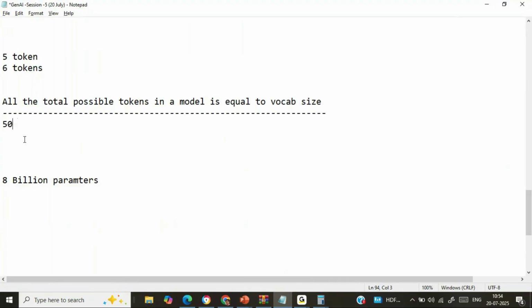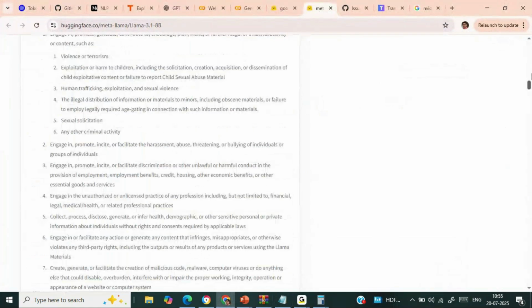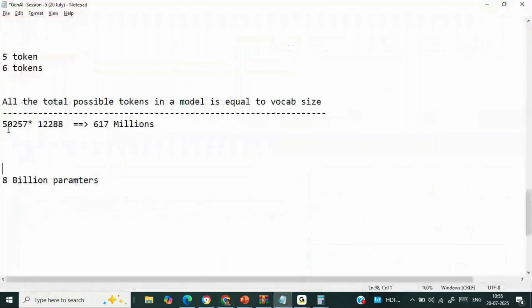So 50257 cross 12288, this is the dimension, so it is giving almost 617 million words. And at this moment probably you will be able to get how this particular number is coming up, although this is not the complete calculation.